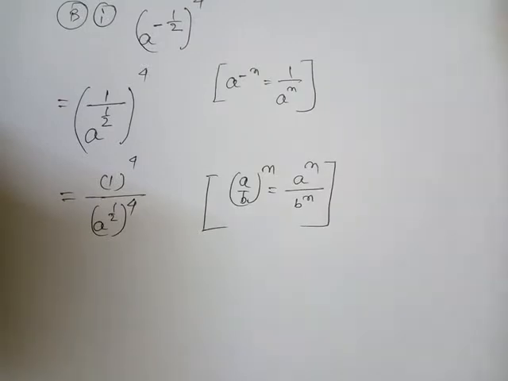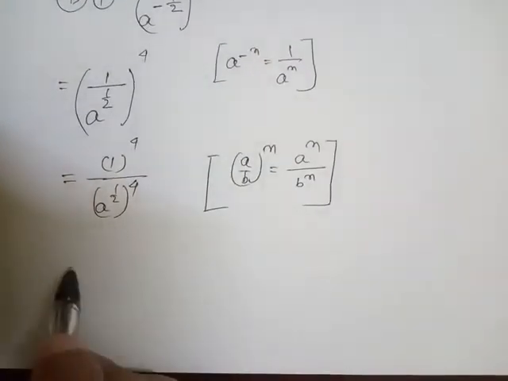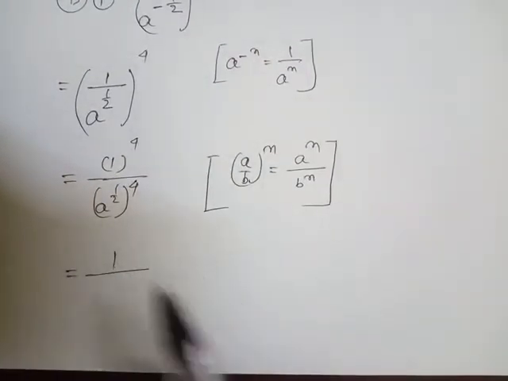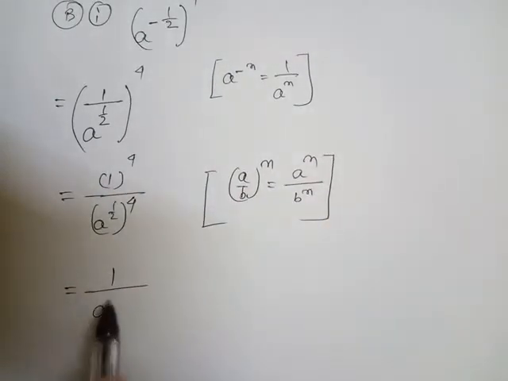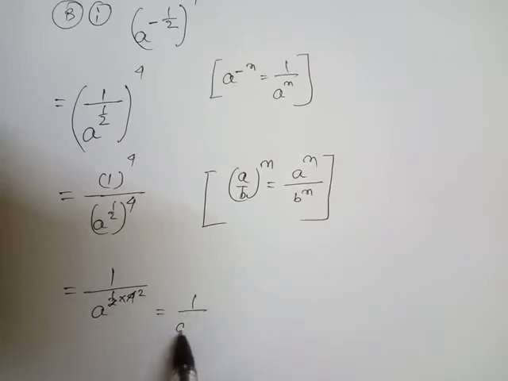Now look, students, 1 to the power 4 is 1 obviously, and if we remove the bracket, a to the power half into 4, then cancellation, 2 ones are 2, 2 twos are 4. So in the next step it is 1 by a square. This is the answer of B Roman 1. Now students, look at the next one, B Roman 2.